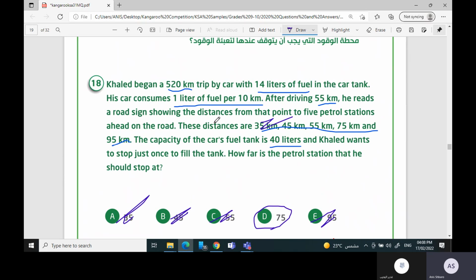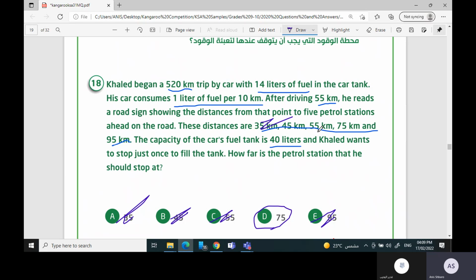Now I need to find which gas station he must stop at. So we started with 35 and we found that we can take 45, and then we went for 45.